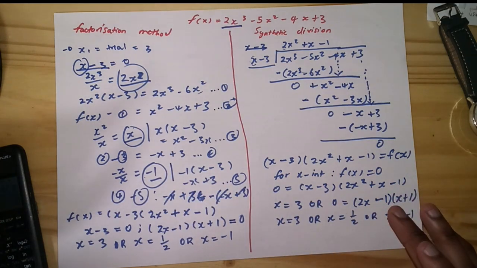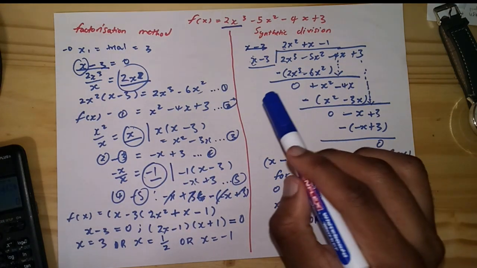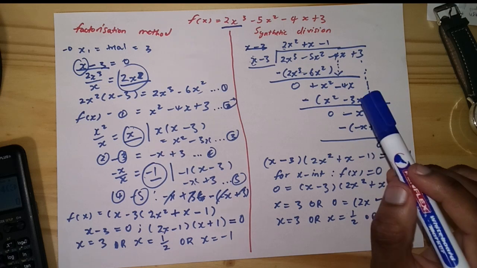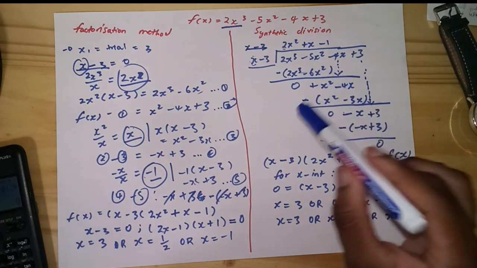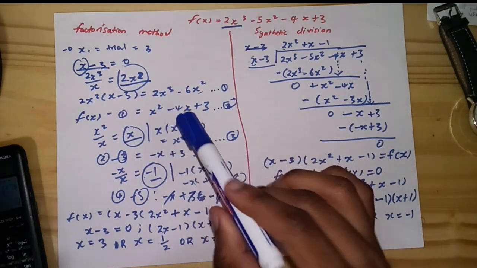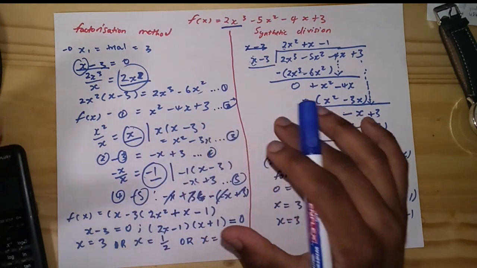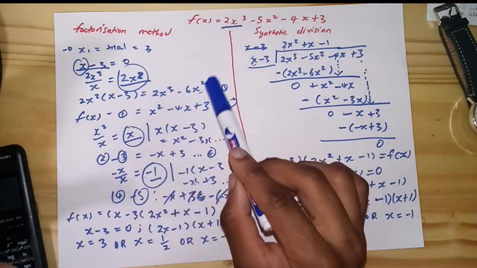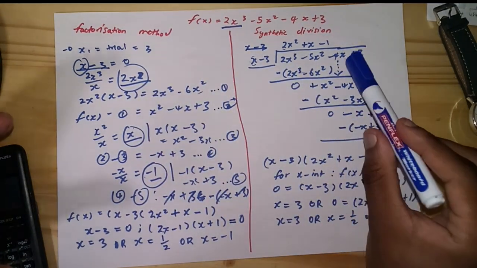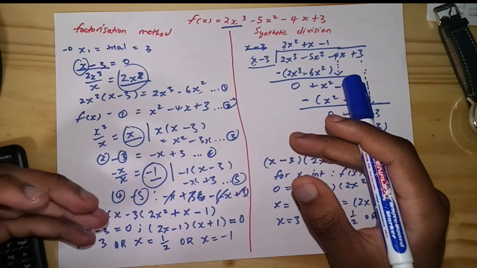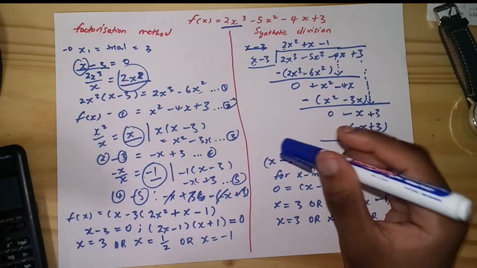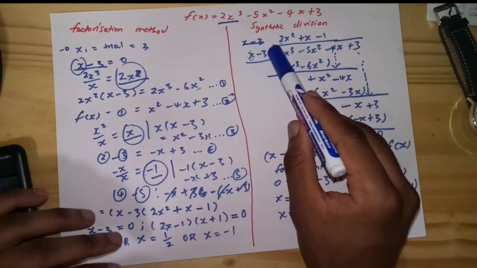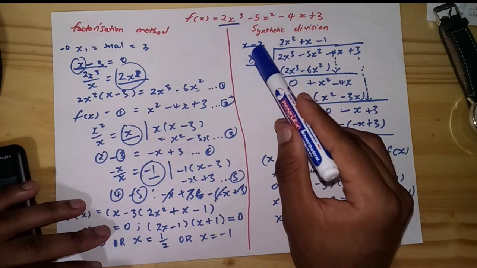But what you're going to recognize is that these are actually very similar. How do I say that? Well, throughout the entire scenario, what you were doing was dividing the first term of the previous expression with the first term of the trial root, so that's going to be your x.